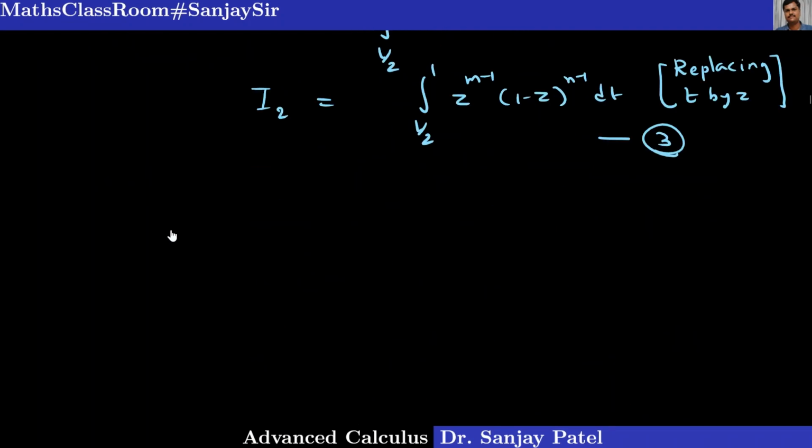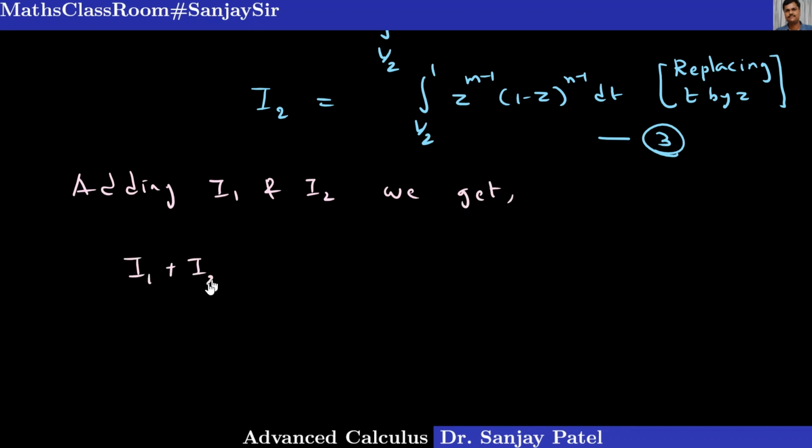Adding I1 and I2, we get I1 plus I2 is equal to, I1 was integral 0 to 1 by 2, z raised to m minus 1, 1 minus z raised to n minus 1 dz. It is not dt here, this is dz.